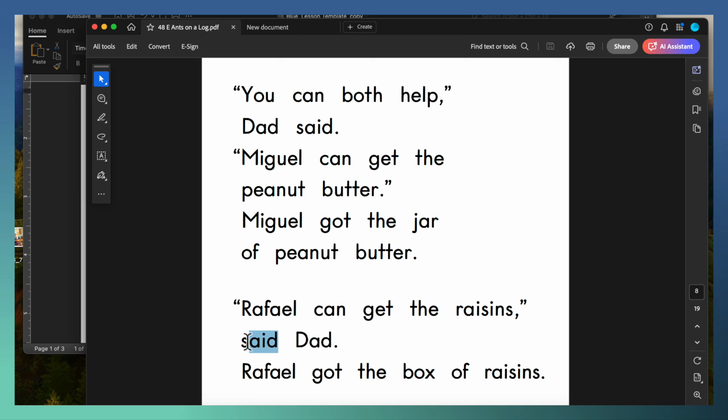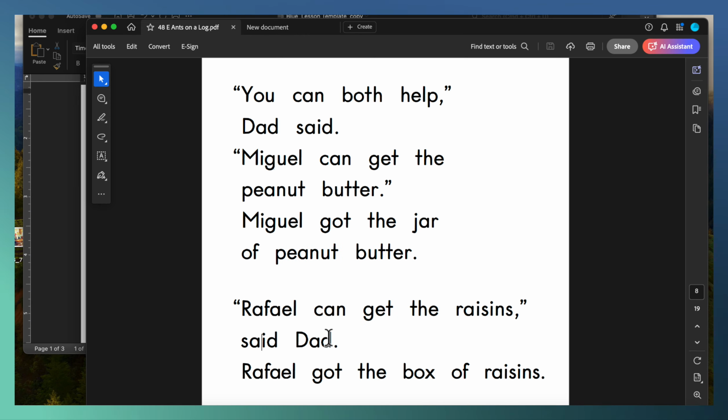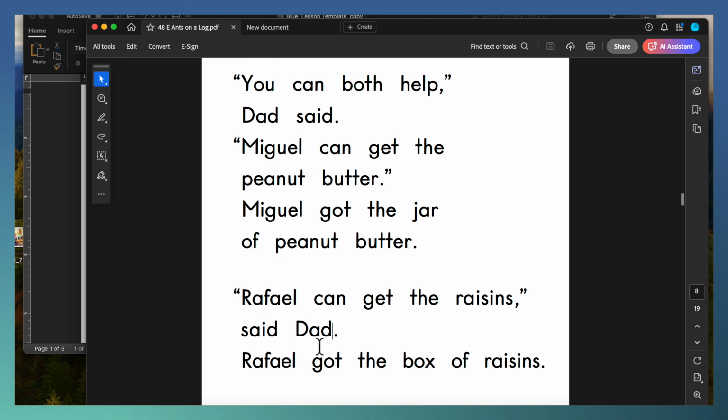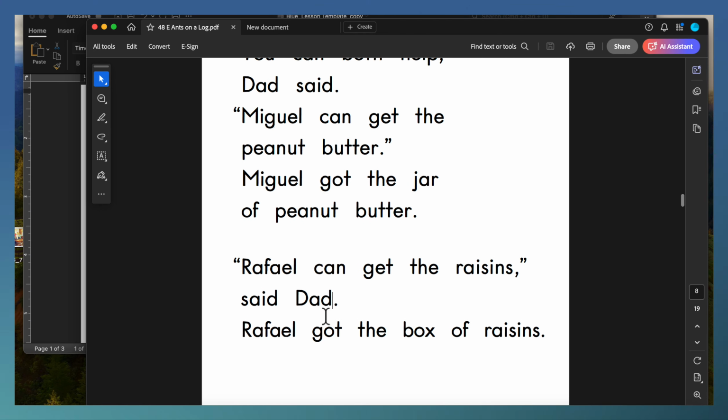And we've got said, we've got it inverted, we got dad said, and also said dad. So these kinds of variations could be something either you choose to explicitly talk about, or it's just something that you as a teacher observe, and you just want to make sure that the kids are interpreting it correctly. Because when word order changes, especially if you're coming from a different language, you might get a little confused at first.